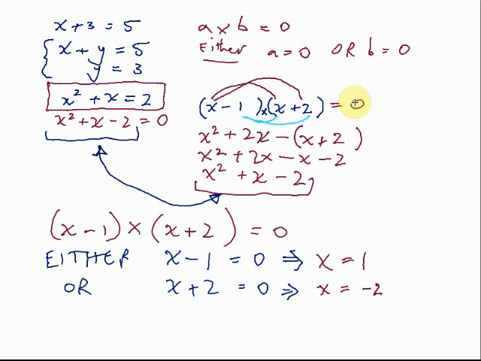So those equal 0. So either those brackets must be 0, or those brackets must be 0. If x minus 1 is 0, then x is equal to 1. Or if x plus 2 is 0, then in that case x must be equal to minus 2. So either of those will fit.